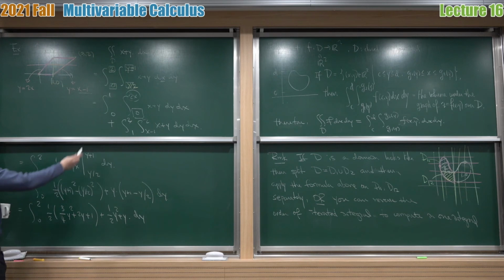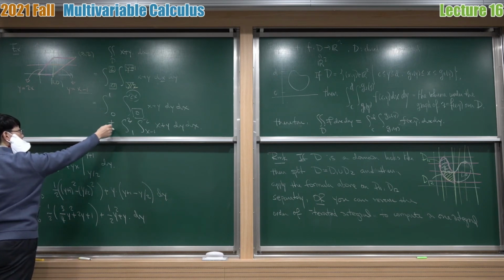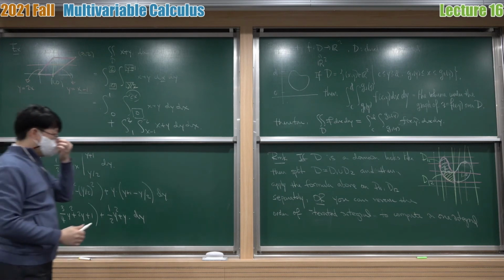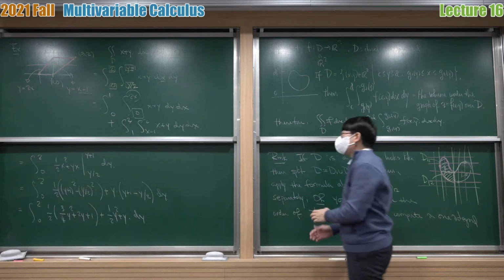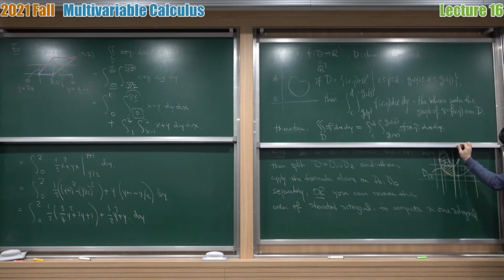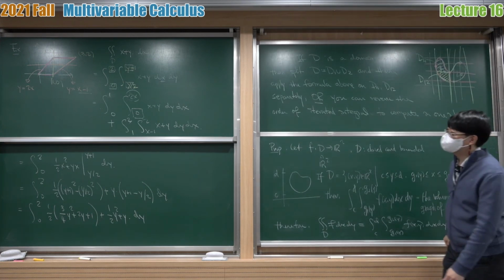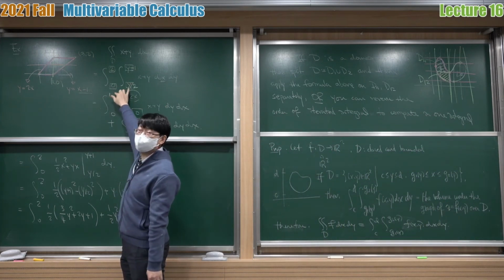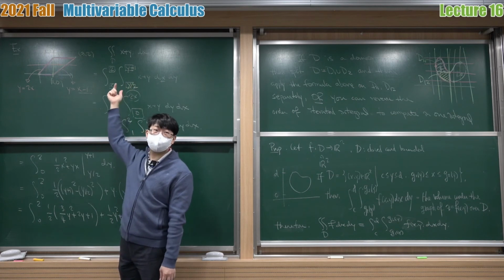And you can check that this is equal to the sum of these two iterated integrals. So please do not just change the numbers here, okay?